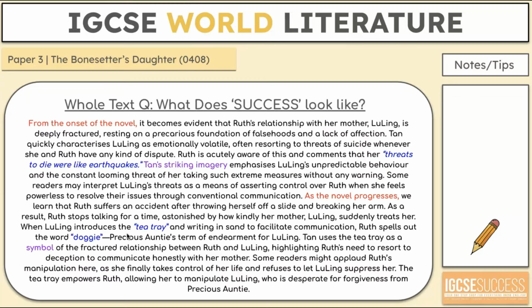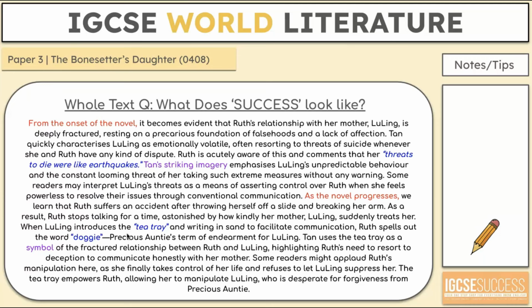From the onset of the novel, it becomes evident that Ruth's relationship with her mother, LuLing, is deeply fractured, resting on a precarious foundation of falsehoods and a lack of affection. Tan quickly characterizes LuLing as emotionally volatile, often resorting to threats of suicide whenever she and Ruth have any kind of dispute.